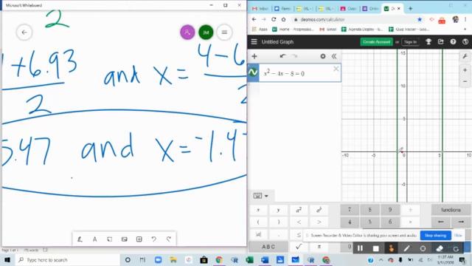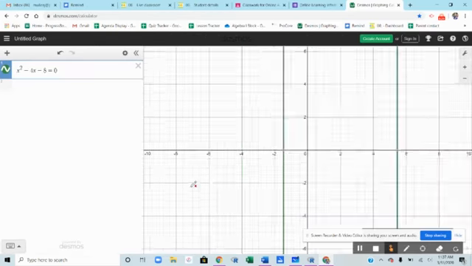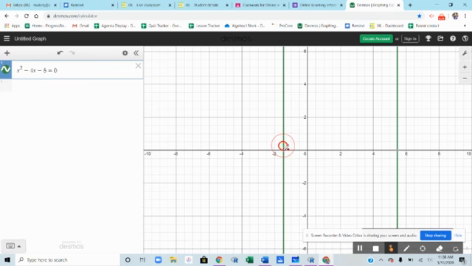So negative 1.47. Now that says negative 1.464, which wouldn't round up, but because we've done some rounding, it's okay as long as it's only off by 1 for that 100th term.